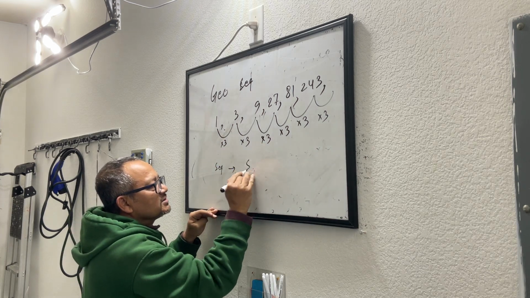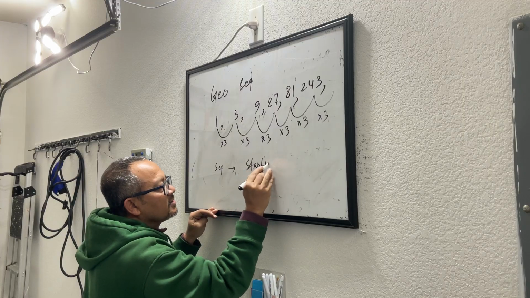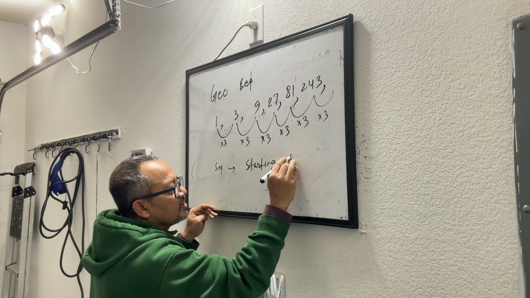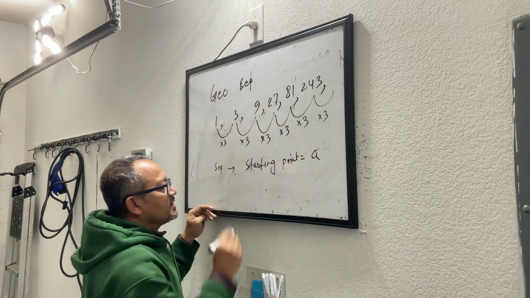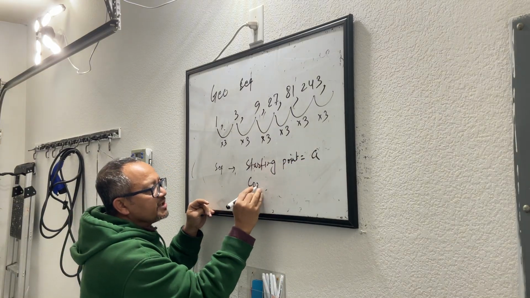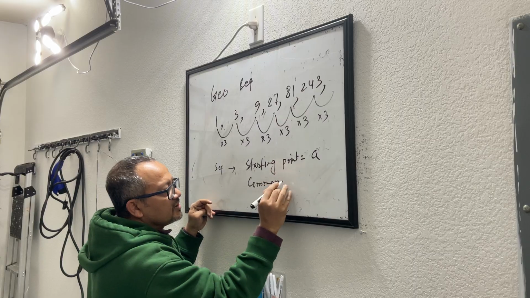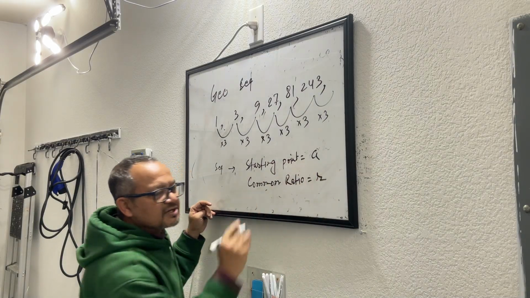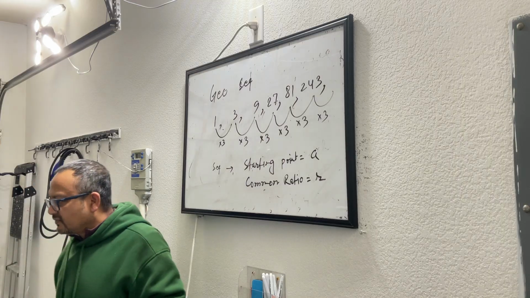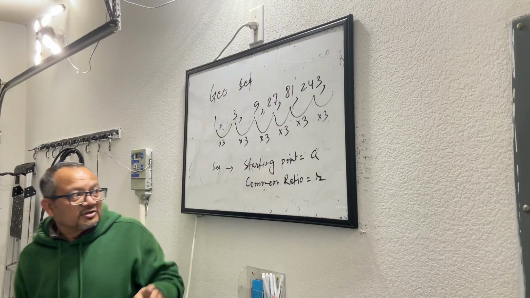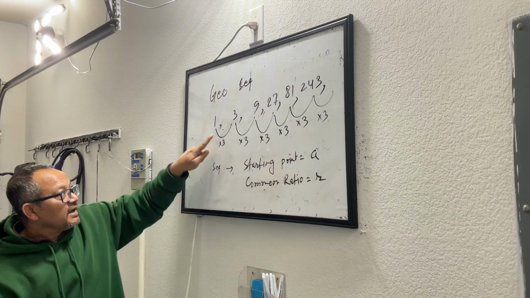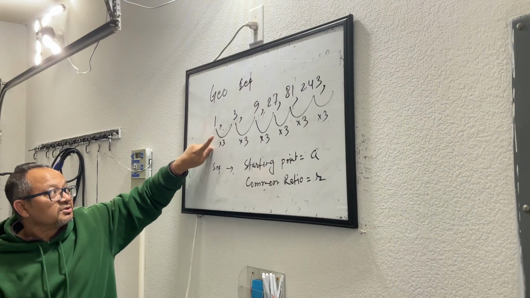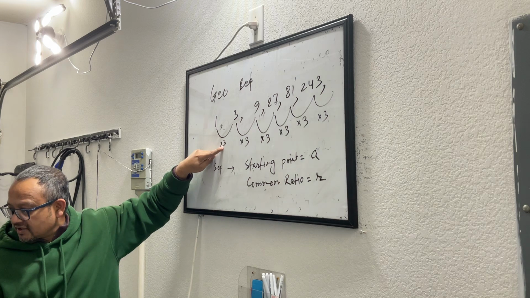So starting point or first term, whatever you call it, let's say A, and common ratio, we will give it the acronym R, the first letter of ratio. So now we have A and R. In this case, what is my A? 1. What is my common ratio R? 3, correct?